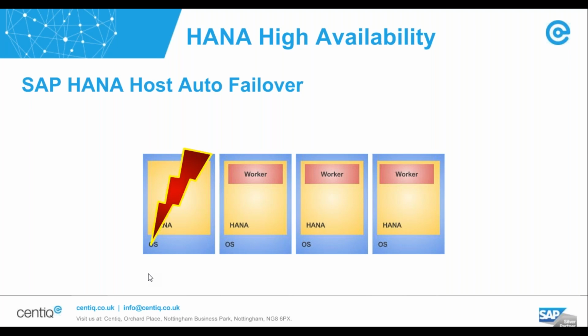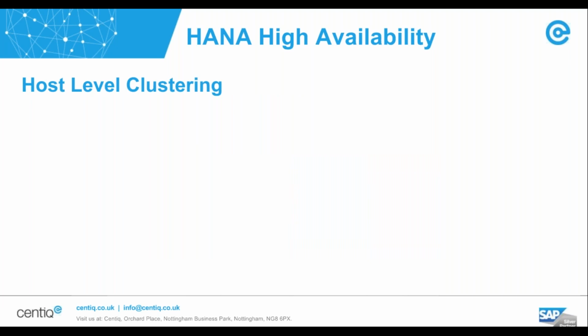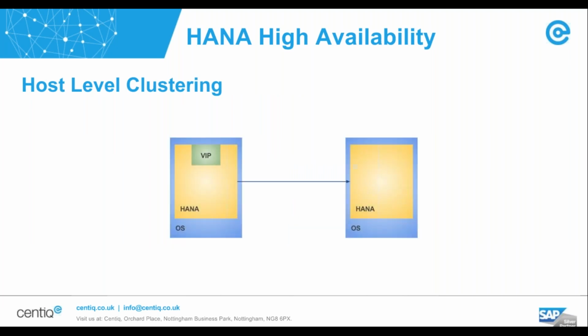Which brings us on nicely to the next slide, which is host-level clustering. So if we're using host-level clustering, what we basically have is two HANA systems that are surrounded by a layer of clustering. Red Hat and SUSE both supply Heartbeat and Corosync resources for the Heartbeat and Corosync stack to externally provide high availability within HANA.